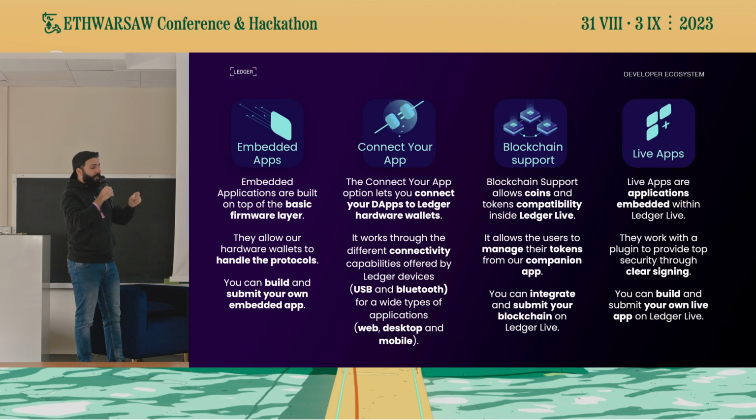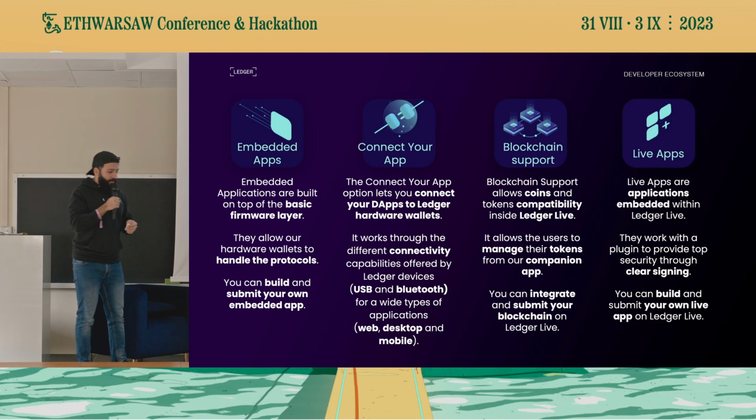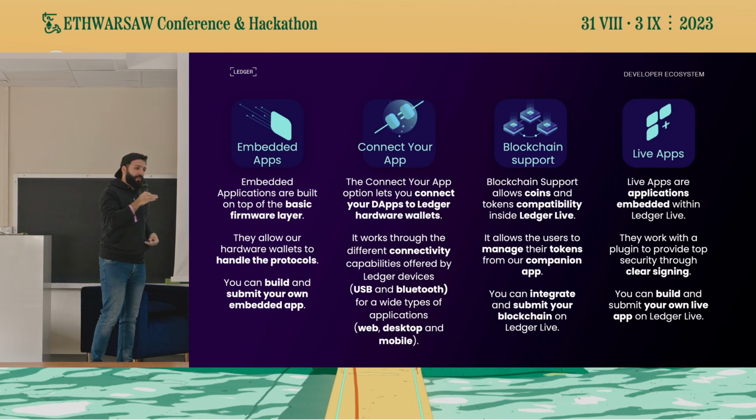The thing that will be a little maybe difficult is that for that, we need what we call a plugin. So what's a plugin? At the beginning, I was talking about promoting what we call clear signing. We have a quote: what you see is what you sign. So what does a plugin do?